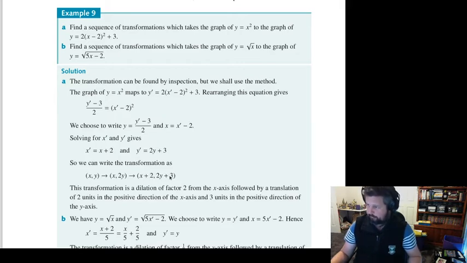Here again it's asking us to find sequences of transformations going from this graph to this one here. So like what we did before, rewriting this one out with the new y and x values, so having y dashed and x dashed, which we've done there.